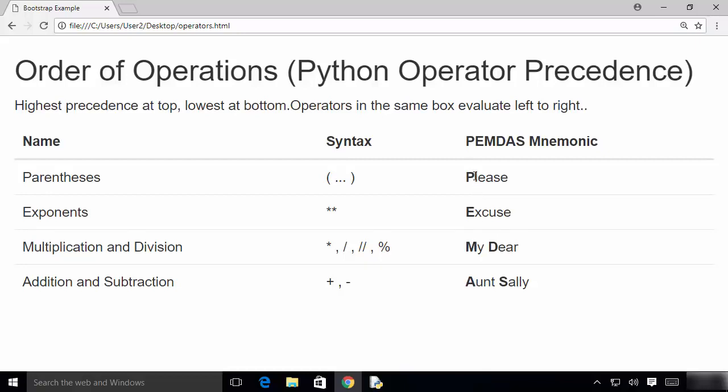You need to remember the first letter of each word. P stands for parentheses, E for exponent, M and D for multiplication and division, A and S for addition and subtraction. So for remembering, you can either use this sentence or this keyword.